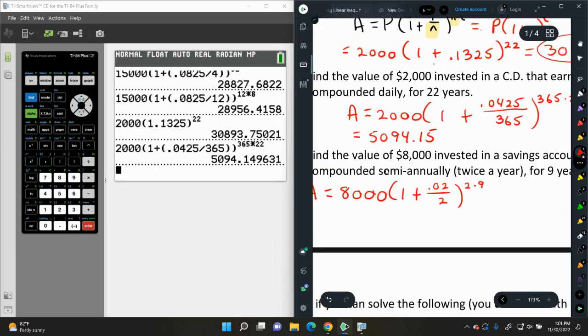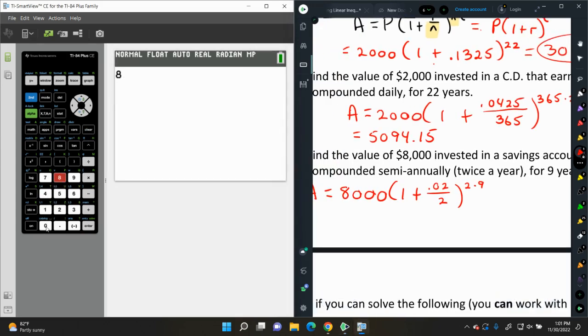Okay. So we have 8,000 times 1 plus 0.02 divided by 2 to the power of 18.